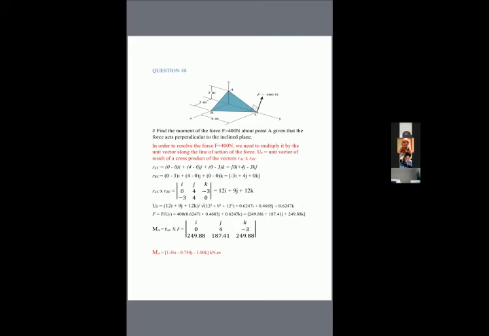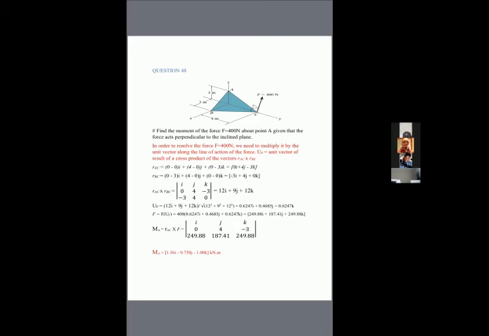Then crossing the two vectors here, you're going to use the same thing that's used to get moments, which is the matrix way of going about it.